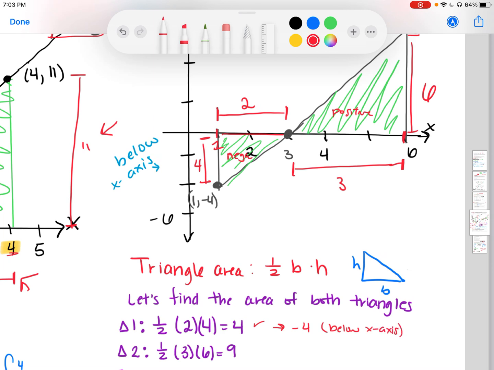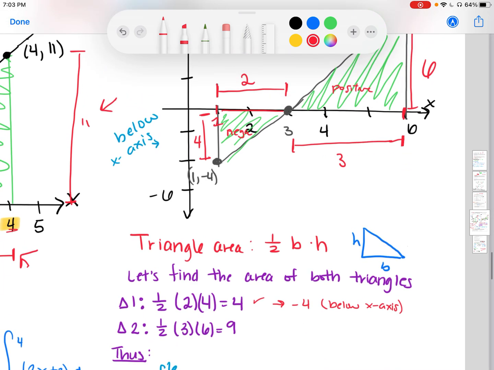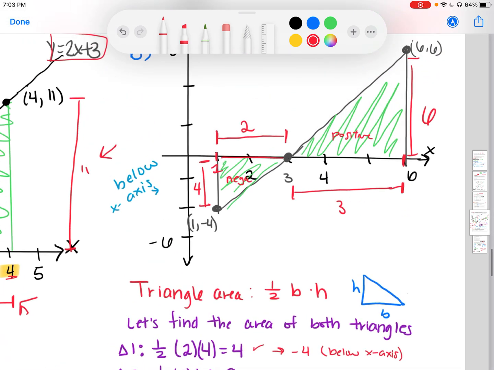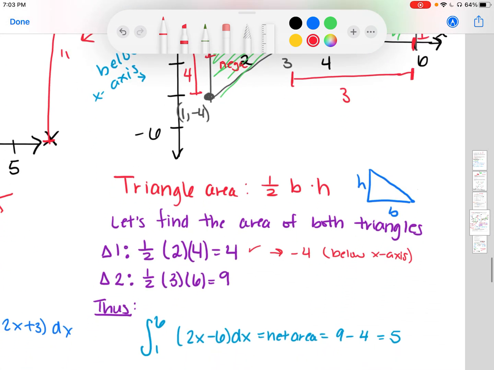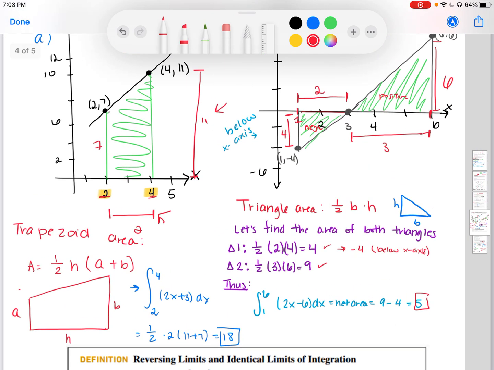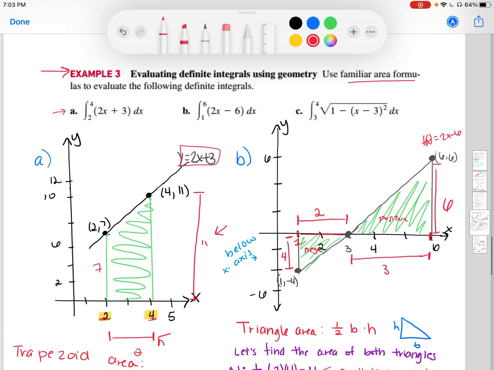All right, next we have our second triangle with a base of 3 and a height of 6. So 1/2 times 3 times 6, we get 9. So our integral is made up of 9 minus 4, which is 5. I'm out of space, but C would have been a semicircle.